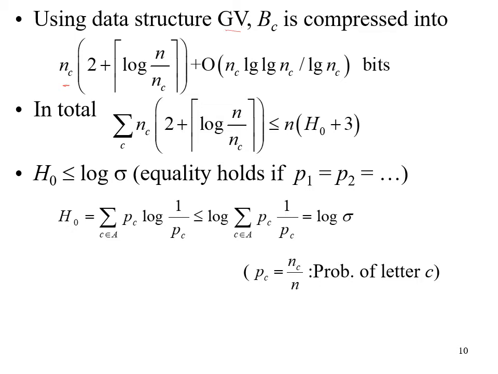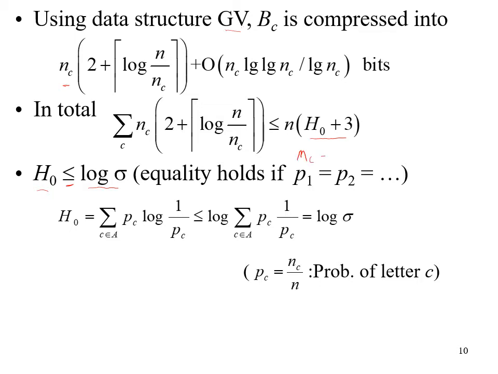Then this is upper bounded by n times H0 plus 3, where H0 is the order 0 entropy of the string. And H0 is at most log sigma, always. And this equality holds if all the characters appear at the same rate.